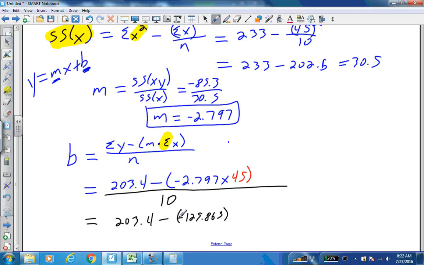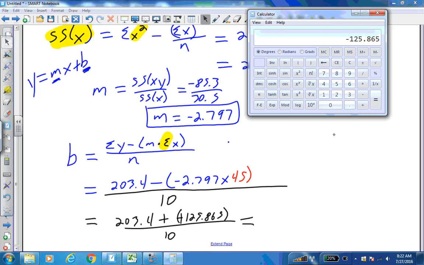So it's minus that, so minus the negative, that'll make that a positive, over 10. So 203.4 plus that number we just got, and that divided by 10, 32.93.